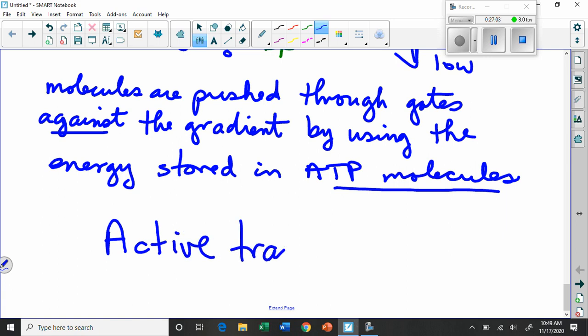In the other two examples, very little energy or no energy was needed because all you had to do is open the gates and let everything flow, right? It'll all flow downhill on its own. But here we need energy constantly because we have to push this molecule all the way up through the gate and push it out to where it doesn't want to go, to the high spot.